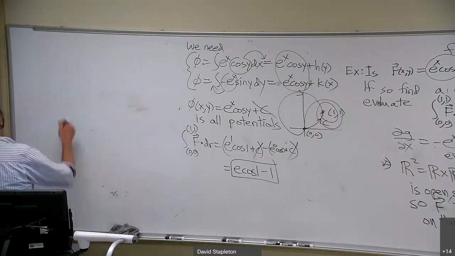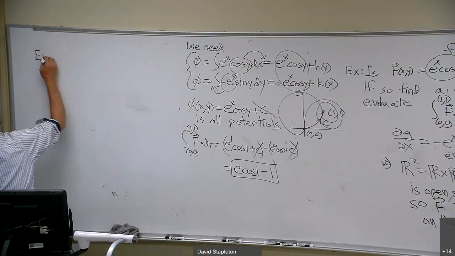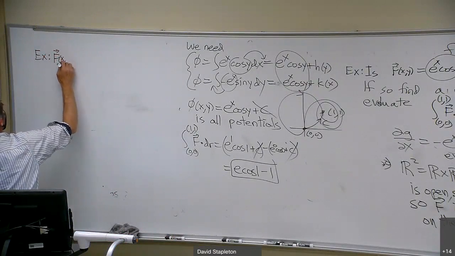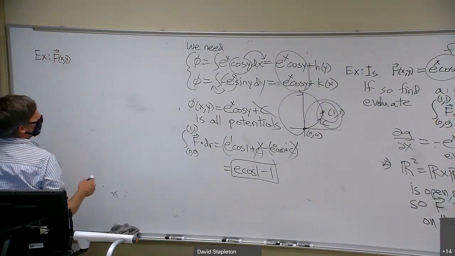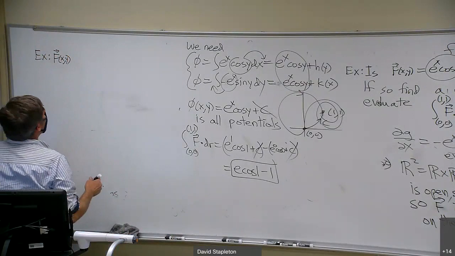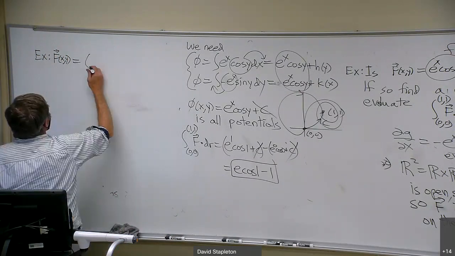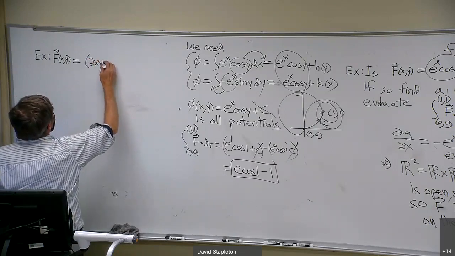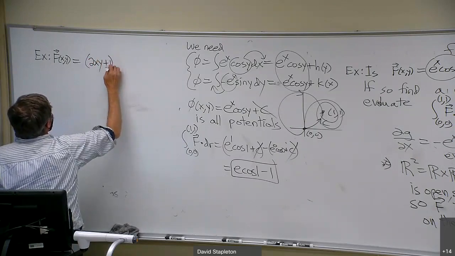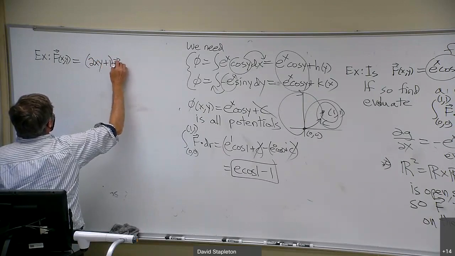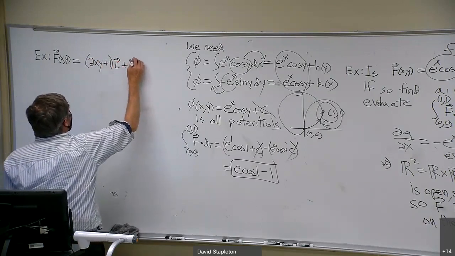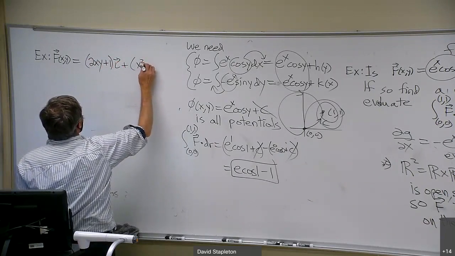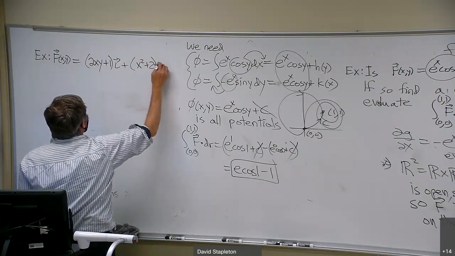All right, so suppose the vector field is (2xy plus 1) i plus (x squared plus 2) j.